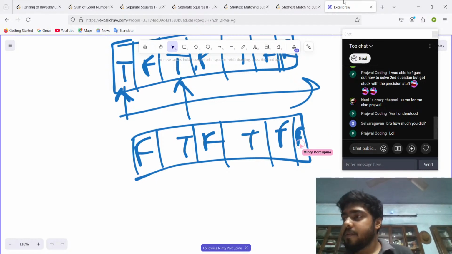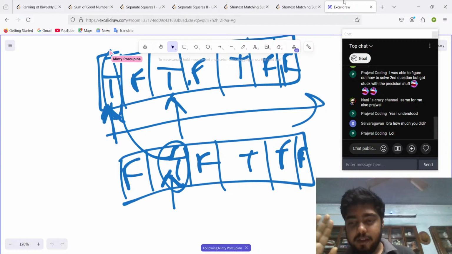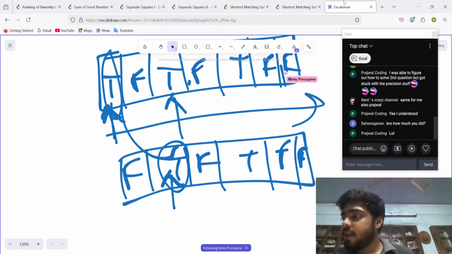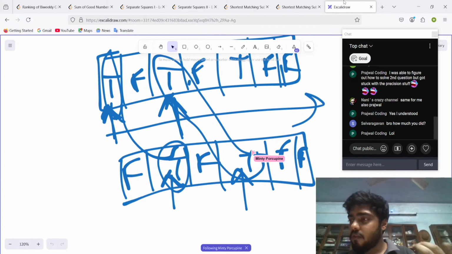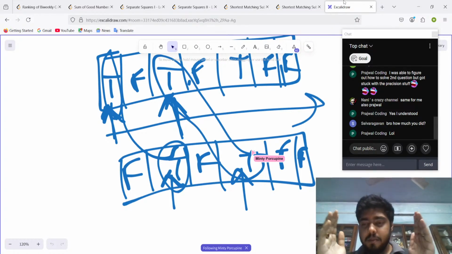Whenever we encounter this true and then this true, we know that the distance from this to this is valid, so we can store that as an answer. Then whenever we find the next true, since we have already traversed through this true, this length is also valid. For all such valid conditions, we have to find the minimum length.